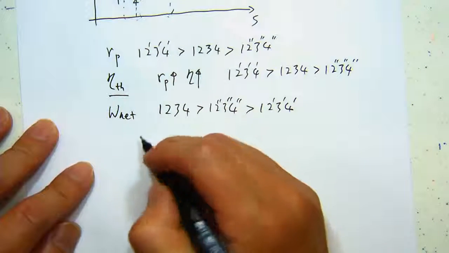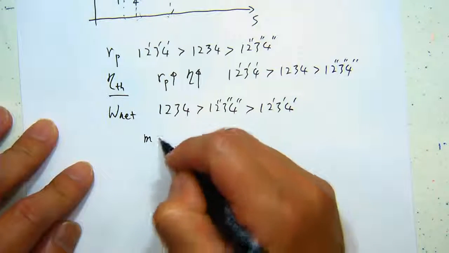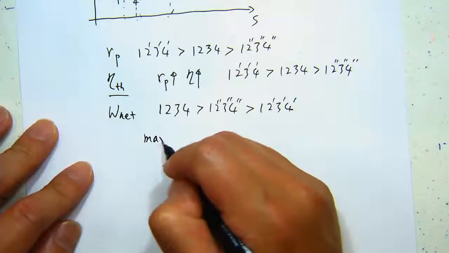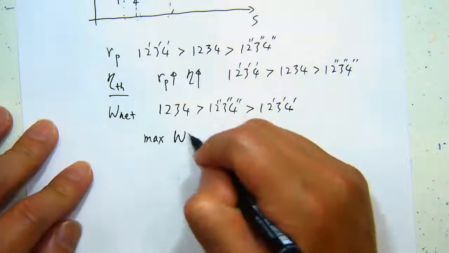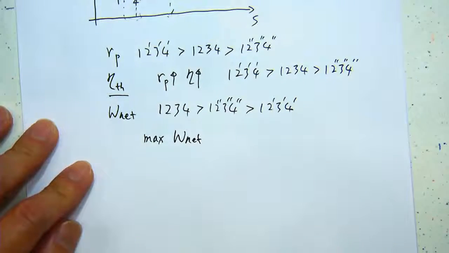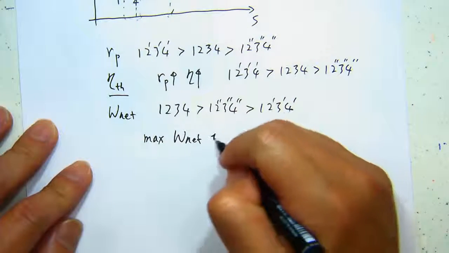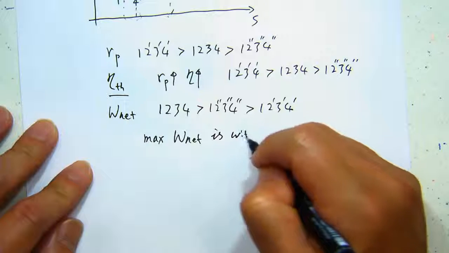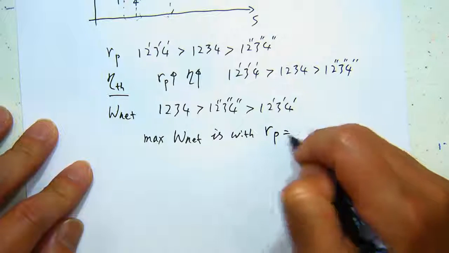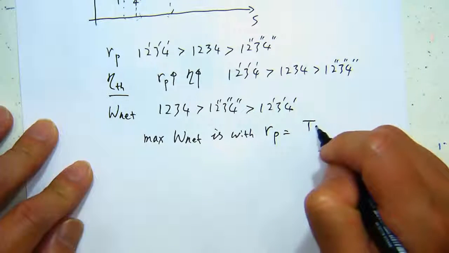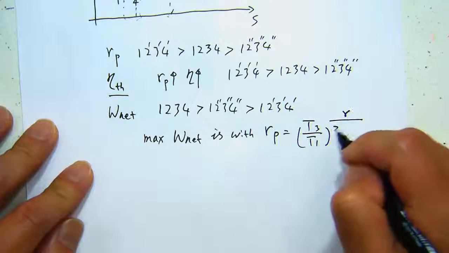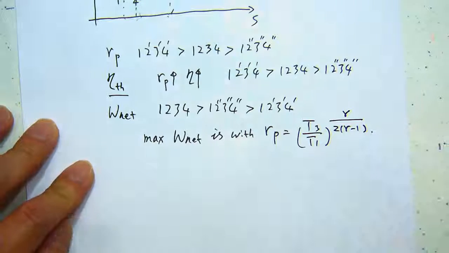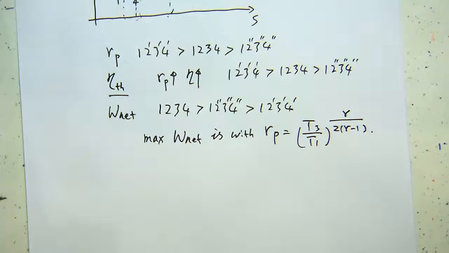So I can write the results here, but you can derive it in your tutorial problem. The maximum net work output is with the pressure ratio equal to (T3 over T1) to the power of gamma over 2(gamma minus 1).